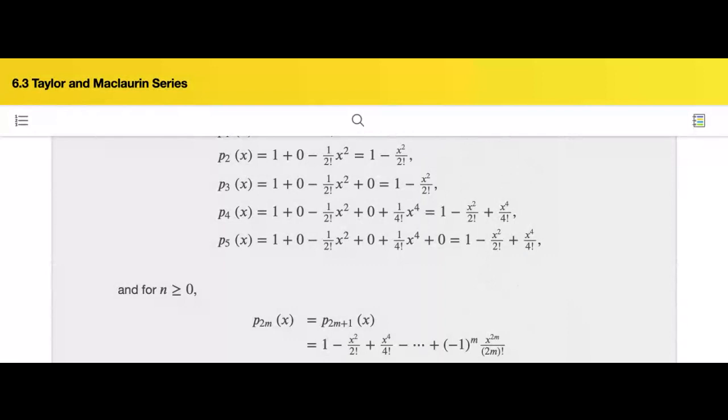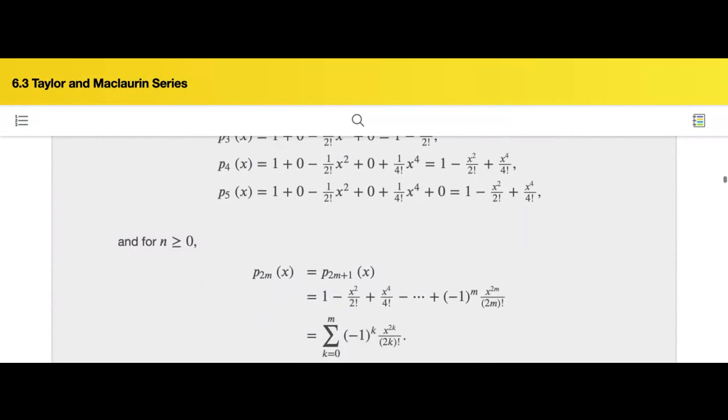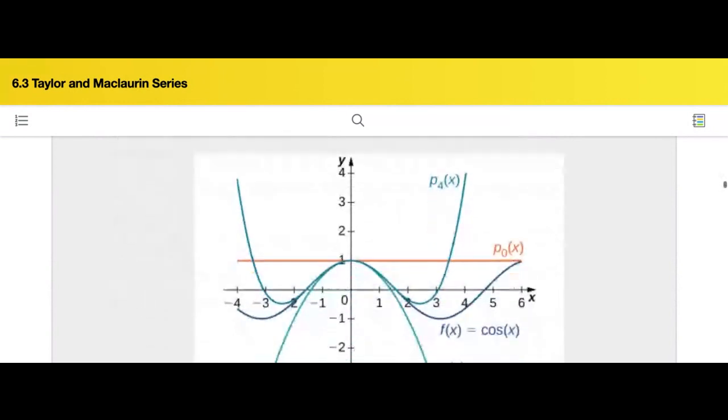I shouldn't say represented, they can be approximated as polynomial functions. When the order goes up, the approximation gets more and more accurate, as the graph shows.